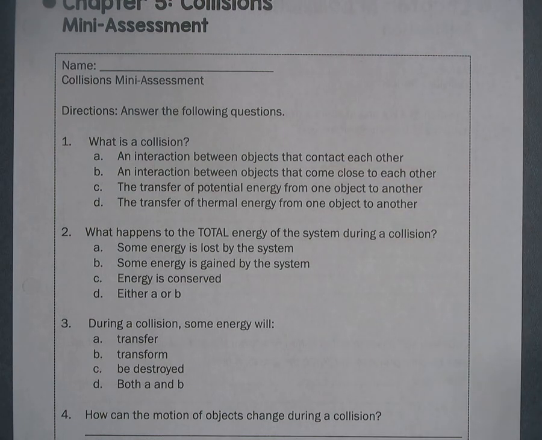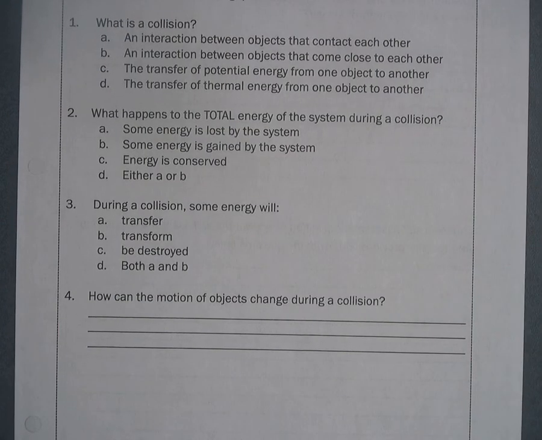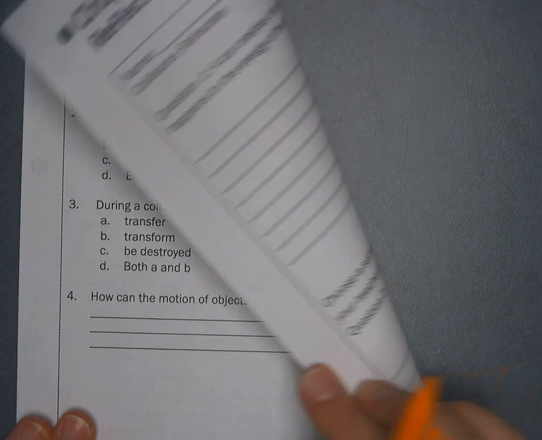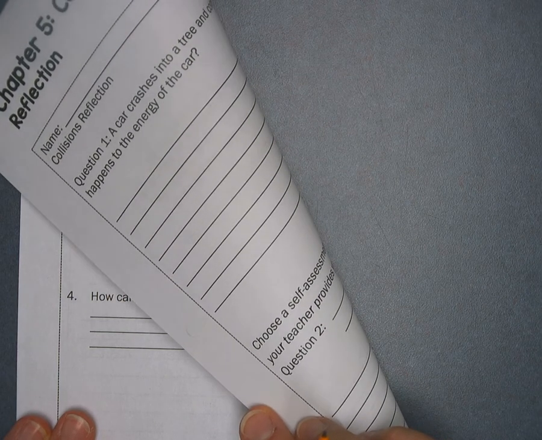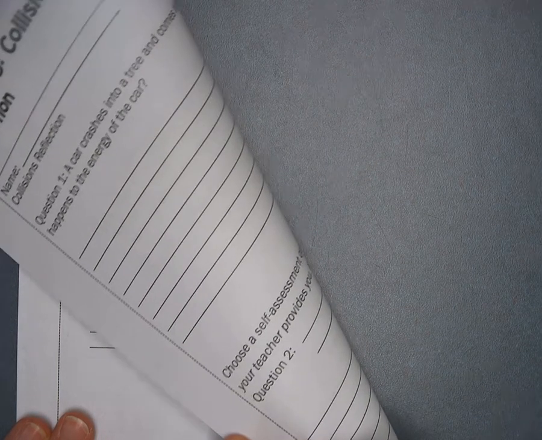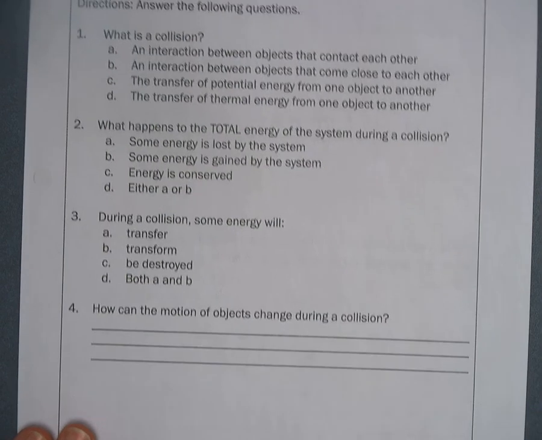Should be pretty simple if you've paid attention and followed along with the video. And question 4 will be just a quick short answer. Typing your answer in complete sentences using good capitalization, punctuation, and spelling. I do know that there is a question on the back, but you do not need to answer that question 1 on the back. It is not assigned, just the 4 questions on the front.